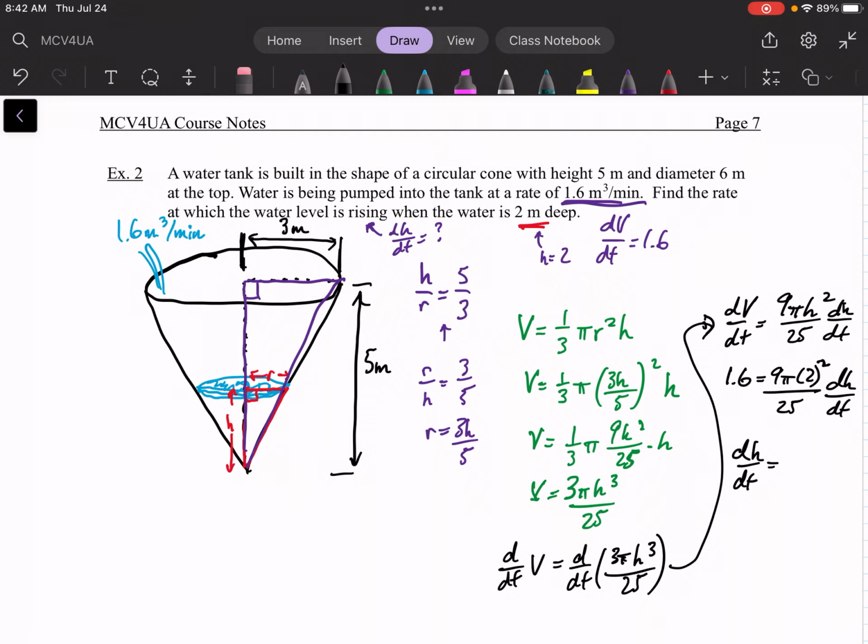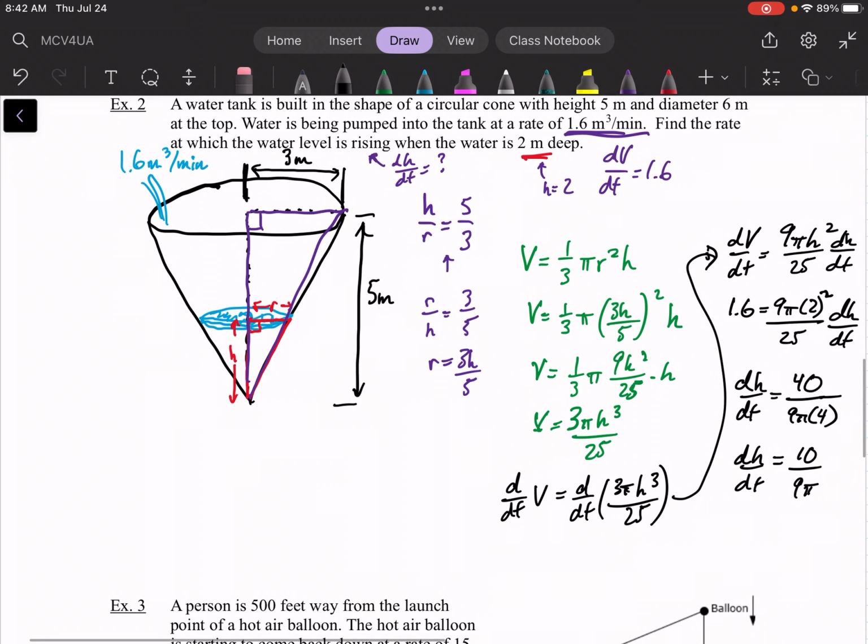So 25 times 1.6, well I know 25 times 4 is 100, and that's got a 0.4 in there, so that's going to be 10. 10 times 4 is 40, so this is going to be 40 over 9 times pi times 4. I'm going to leave it like that for the time being. Now I'm going to cancel out the 4's, so now I get 10 over 9 pi. So there's my change in my height. So now I can write a conclusion.